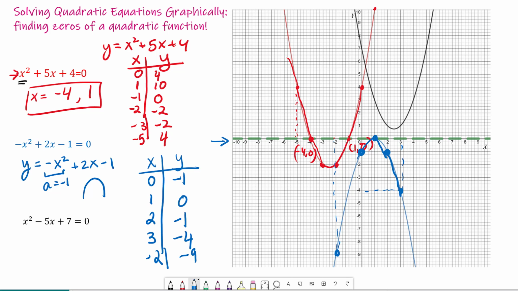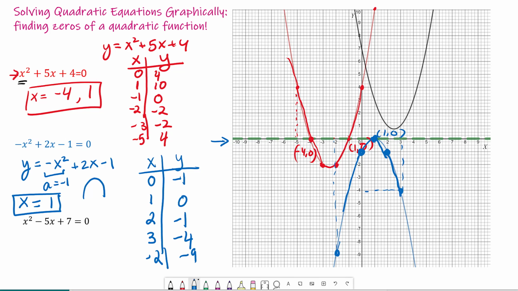And what we find in this case is that the graph of the quadratic function touches the x-axis in just one point. It doesn't quite cross it, it just touches it. So in this case, we only have one solution. We have the solution x equals 1, right? 1, 0 here. So in this case, we have just one root.